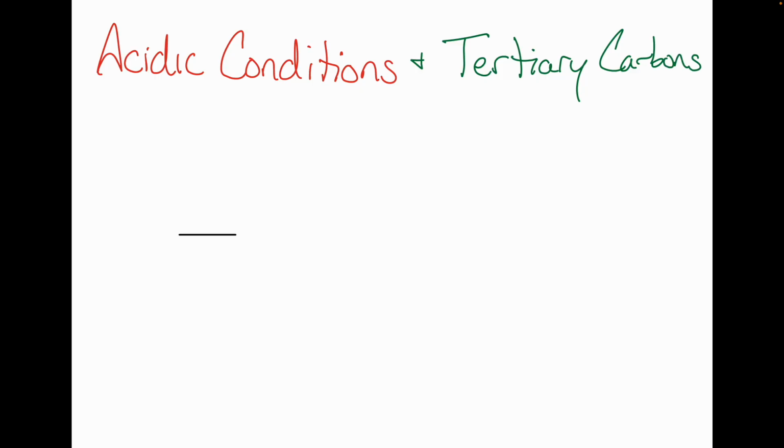All right, I'm going to take another epoxide, but instead of having a primary and secondary carbon, this one's going to have a primary and a tertiary carbon. Okay. What was that first step under acidic conditions again? I'm going to protonate that oxygen.